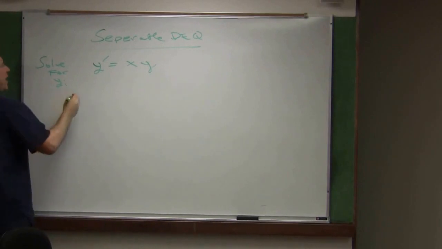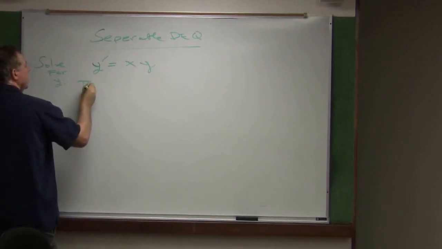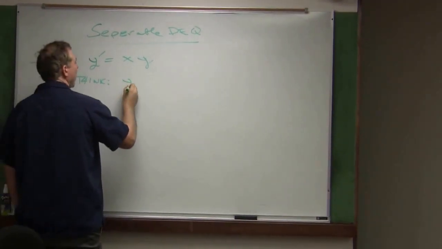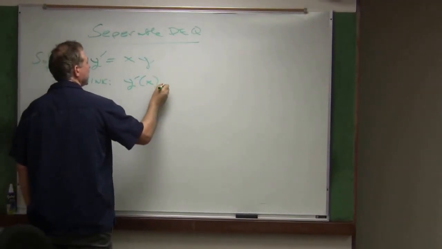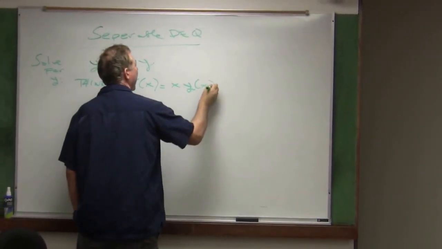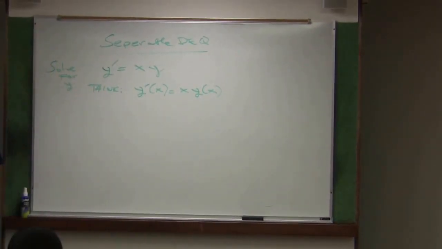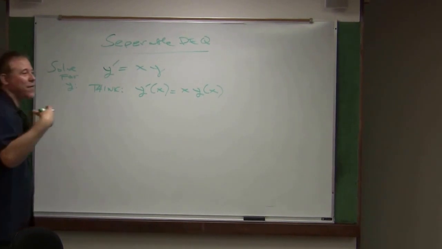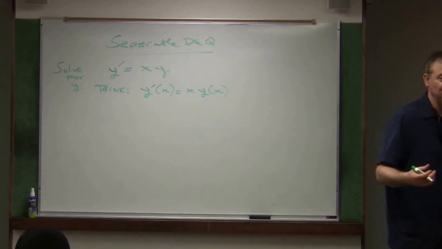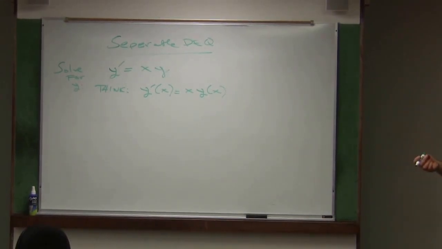You have to think about what's going on. What you think is that y prime of x is equal to x times y of x. In other words, y is an unknown function of x, and you're trying to solve for a function. Your previous experience with variables, whenever they say solve, is solving for a number.